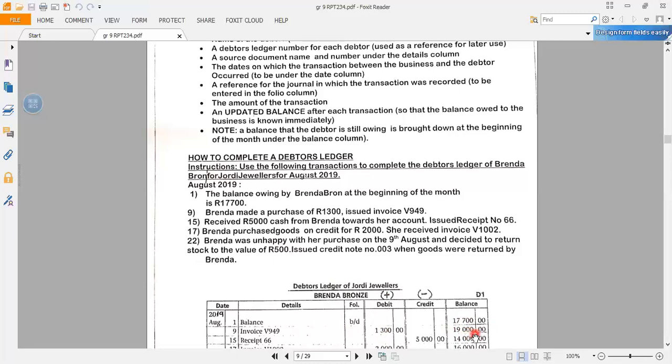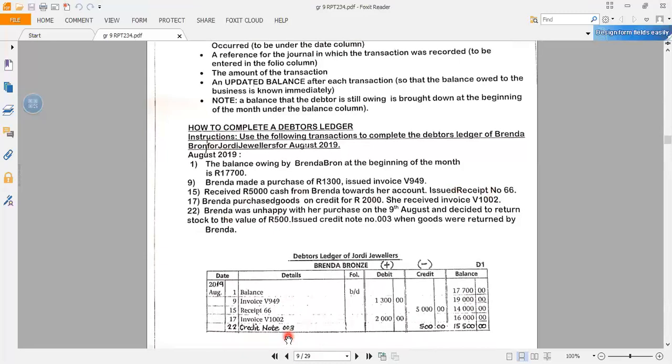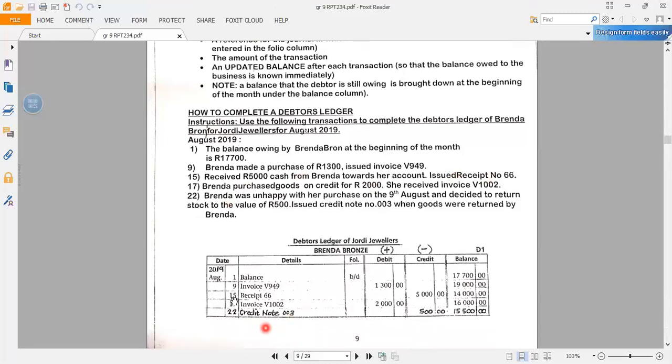Let's look at the transaction on the 15th. We received 5,000 cash from Brenda towards her account. For this, we issued receipt number 68. I'm looking at the 15th. My receipt is 68, right? Here it would have been CRJ because we are receiving money from Brenda.